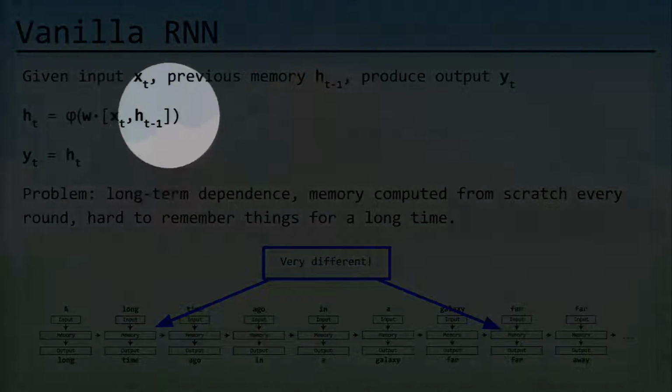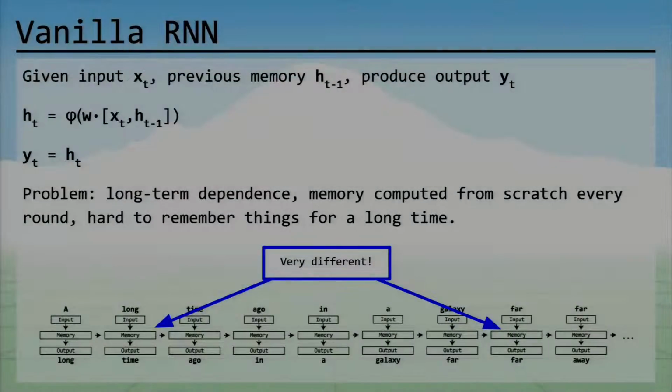We have the previous internal state, h at time t minus 1, but then we're multiplying it by all of these weights and applying some activation function on top of it. There's nothing really constraining our previous memory to be very similar to the memory that we're going to produce next. And this is a problem for remembering things for a long time.